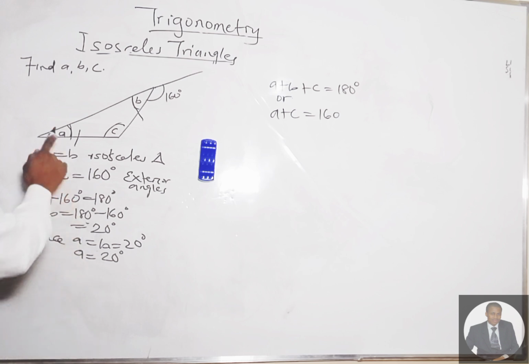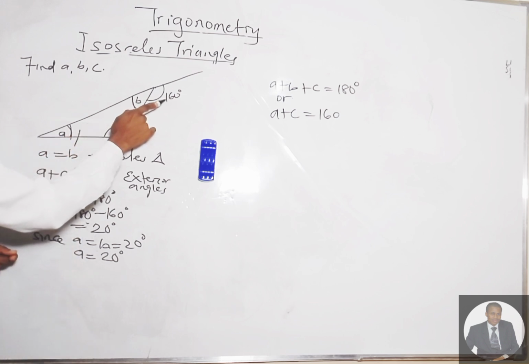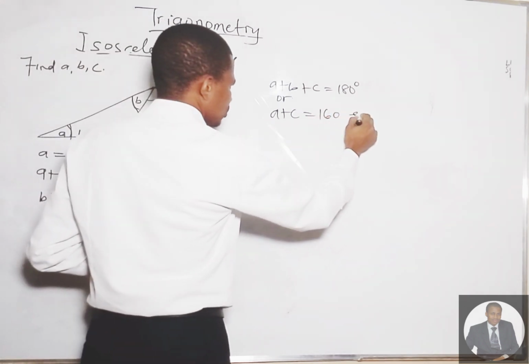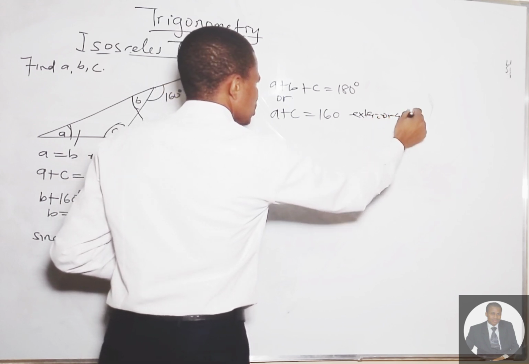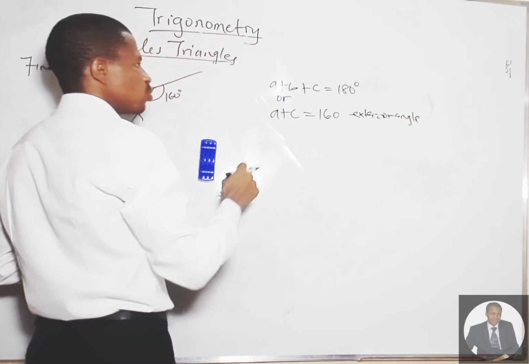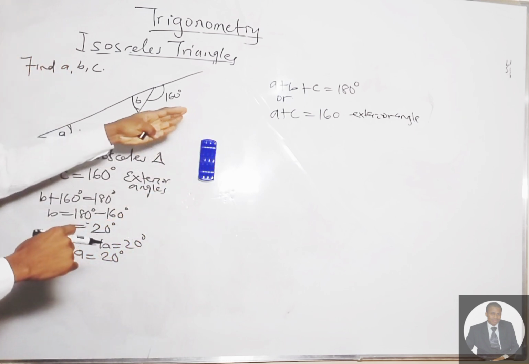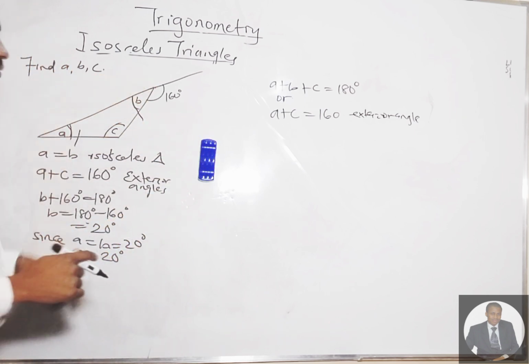Or we can say A plus C equals 160. That's the exterior angle, which is equal to the sum of the two opposite angles facing it.